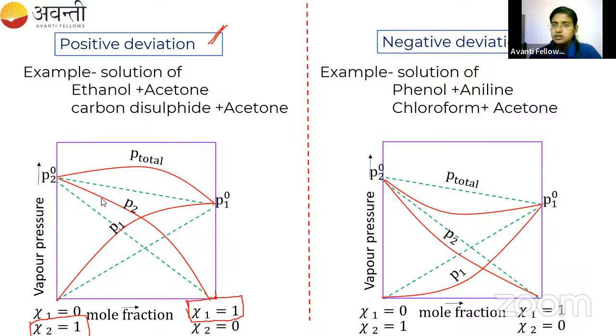Okay, fine. So one of you is asking about type 1 and type 2. What do you mean by type 1 and type 2 in positive deviation, my dear student who is watching from user 32 ID? May I know your name, please? I'm not clear about the doubt which you are asking.